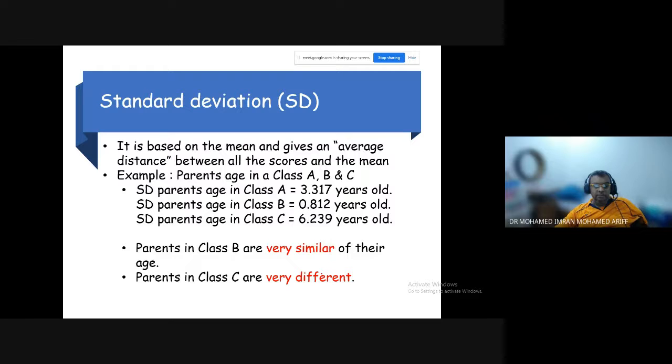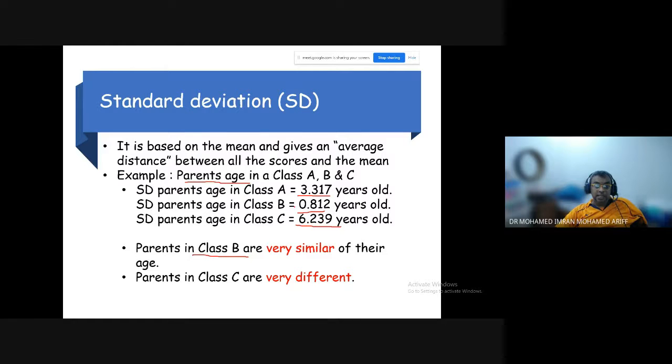Alright, standard deviation is based on the mean and gives the average distance. Okay, for standard deviation, we get the mean and we want to find the distance between each number and the mean. For example, the ages of parents in classes A, B and C. The standard deviations of age are 3.3, 0.8 and 6.2. Based on this, we can say that in class B, the parents' ages are very similar.